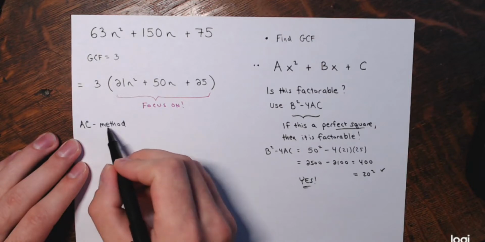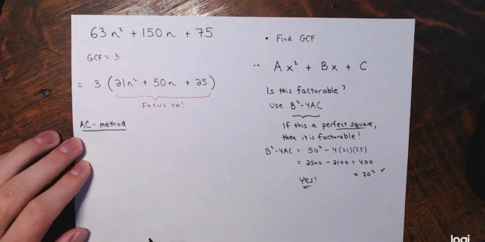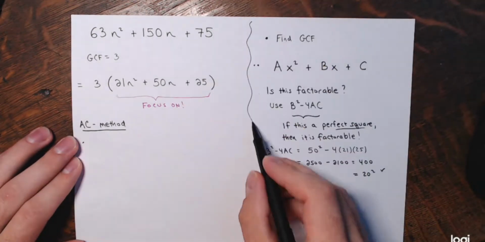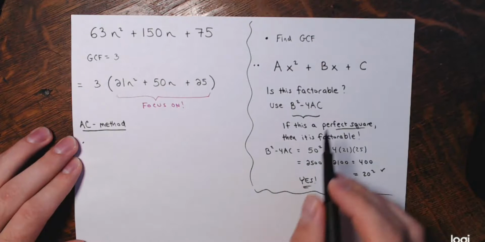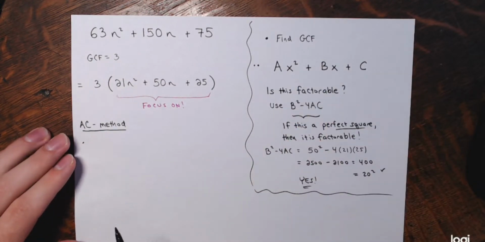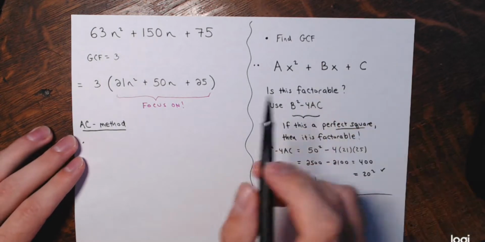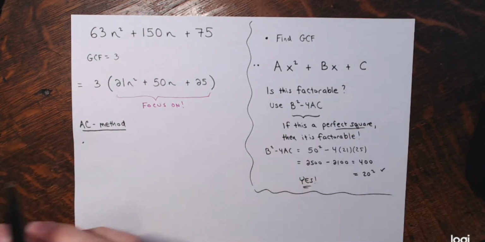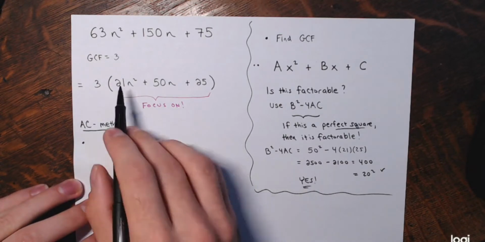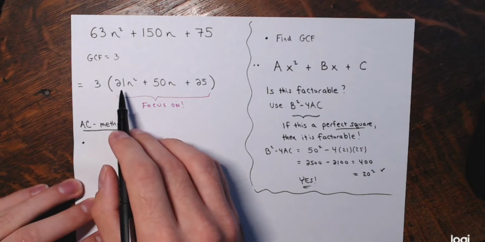This is separate. This is just, is it factorable? I just wanted to know if it was factorable or not. Should I even waste my time trying to factor it? And the answer is yes. B squared minus 4ac was a perfect square.